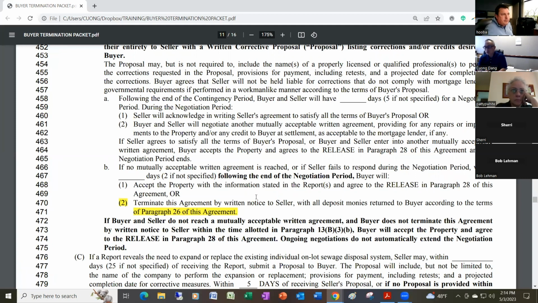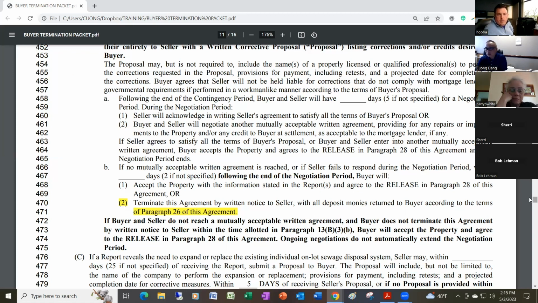And that's what this is talking about. During that 2-day period, lowercase b, paragraph 2 highlighted here, the buyer can either accept it or they can terminate this agreement by written notice to seller. Okay. So again, it states there that the buyer has the right to terminate.